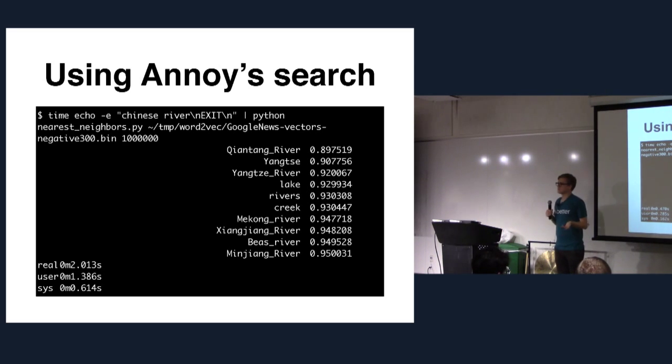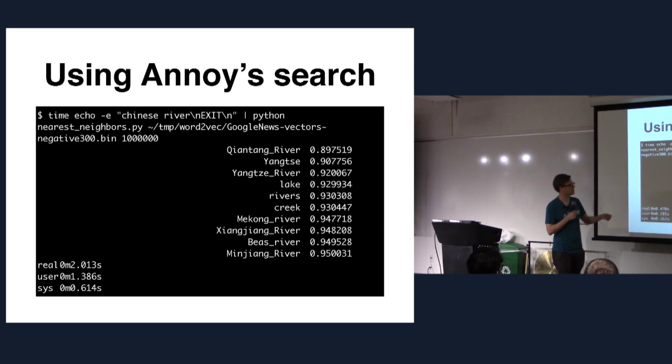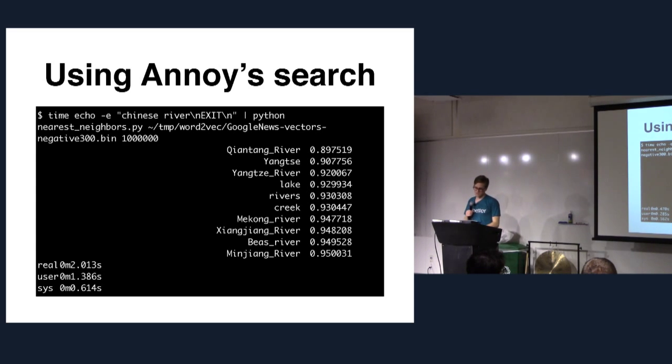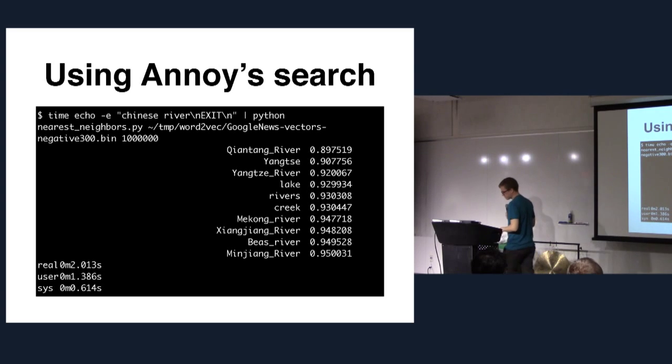In a lot of cases, we want to trade off a little bit of accuracy for performance. So this is 250 times faster, and we're losing a couple of rivers in China, right? Turns out you can tweak the knobs a little bit in Annoy and search a little bit longer. And now we're spending 2 seconds, and we're finding exactly the same results, right? A little bit lucky, but it works.